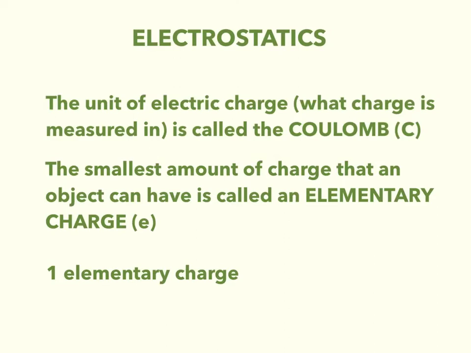The smallest amount of charge that an object can have is called an elementary charge, which is represented with a small e. One elementary charge is equal to 1.6 times 10 to the negative 19 coulombs, which is a very, very, very tiny amount of charge.